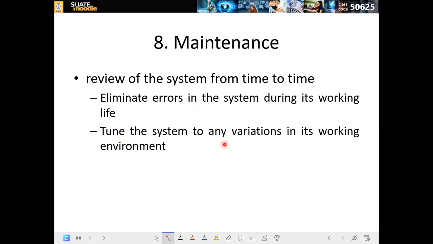Then tune the system to any variations in its working environment, right? Sometimes, for example, let's say you purchase new hardware. But your system has been installed on previous, old hardware. Previously, you had all types of computers. Now your organization has recently purchased the latest computers.